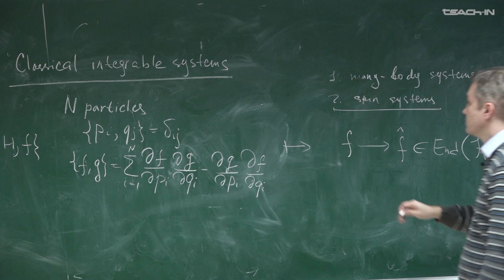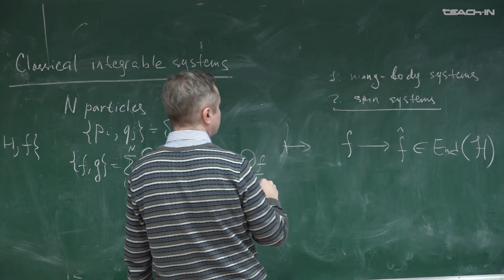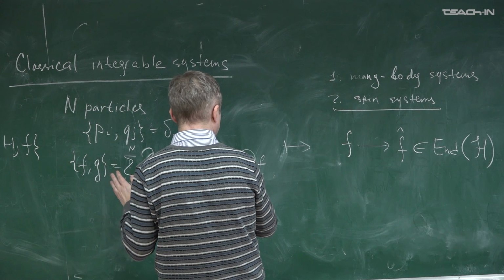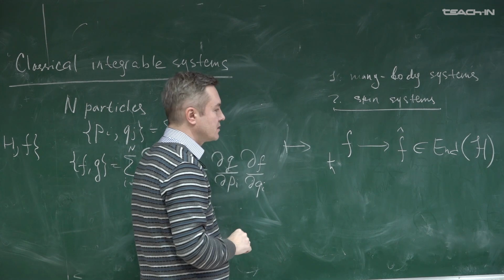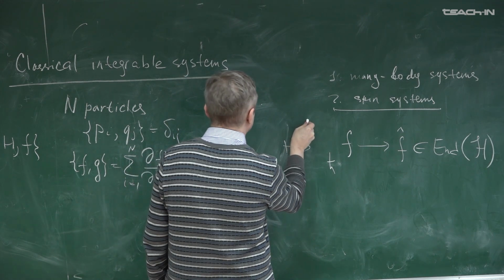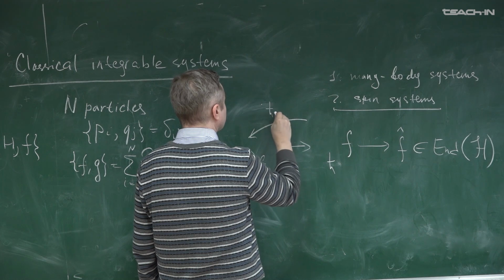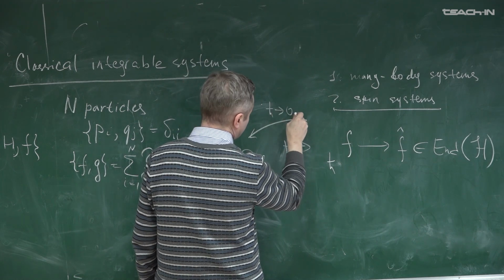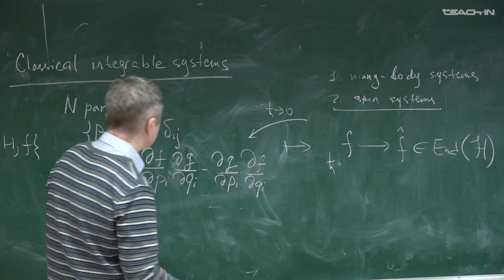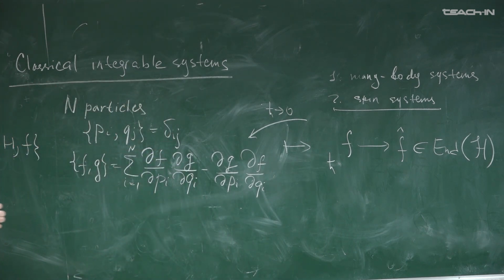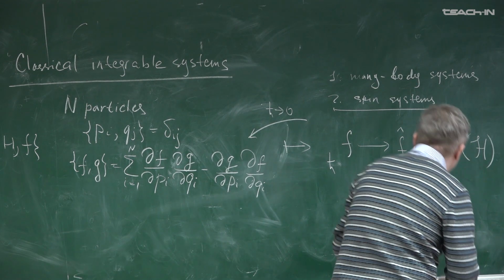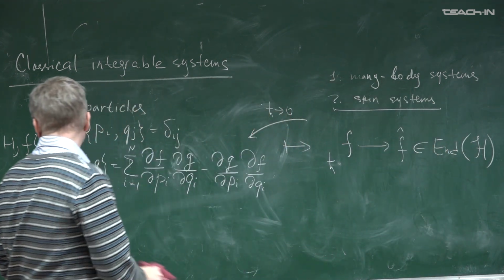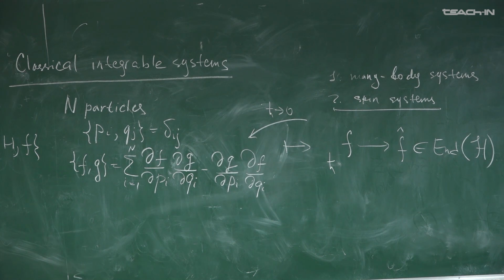And the quantum model can be considered as a generalization of classical mechanics in the sense that it has some parameter called the Planck constant, and when you consider the limit where the Planck constant goes to 0, then you should reproduce somehow classical mechanics. So this is just a very general idea of quantization without any details.